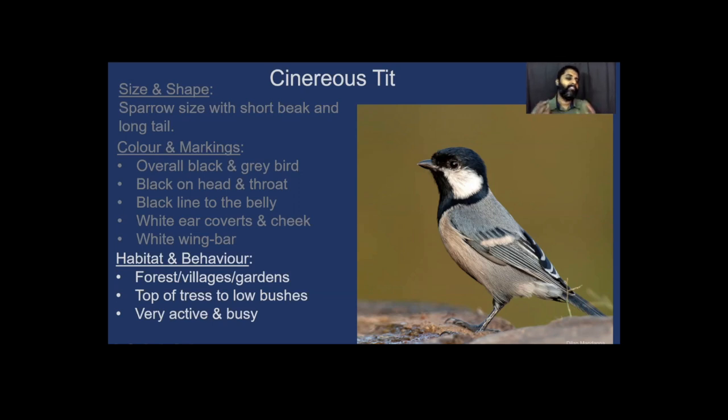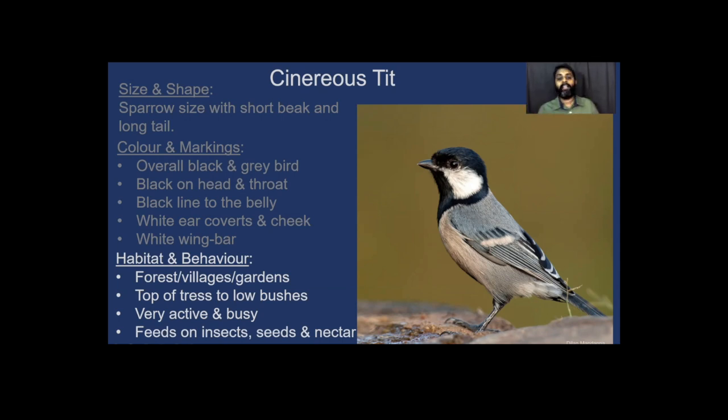And their behavior, they're very, very active and very busy. You very rarely see them sitting and doing nothing. Very rare. They're always busy, very active, because they feed on insects and seeds and also nectar. So they're very busy looking for their food.